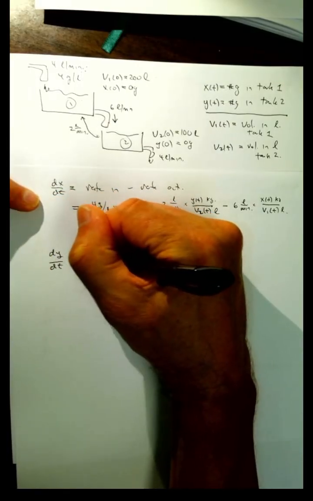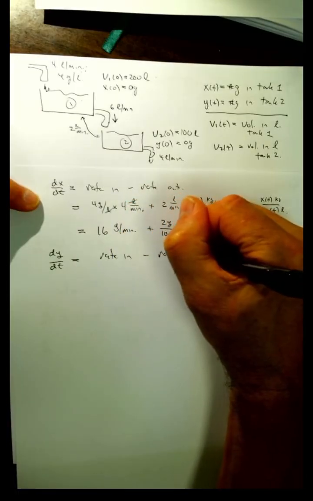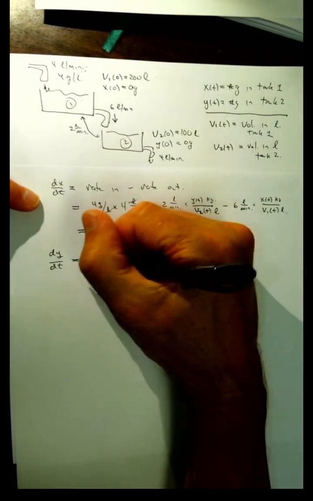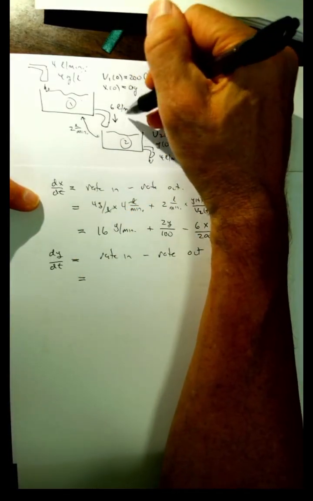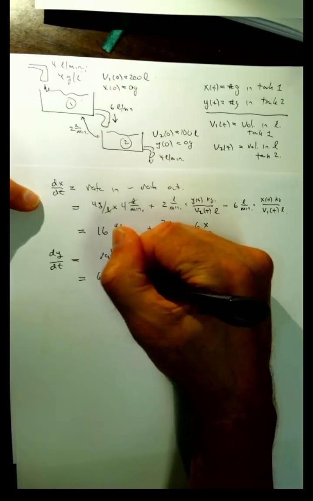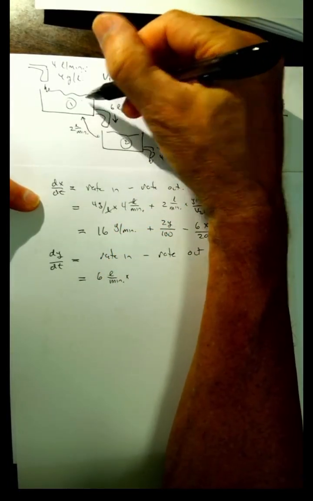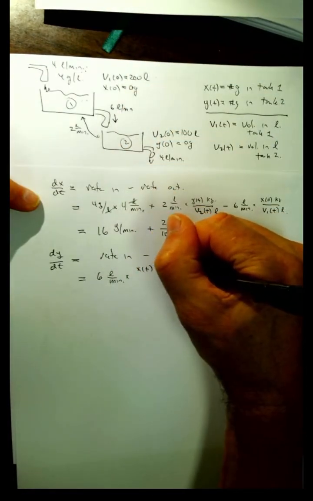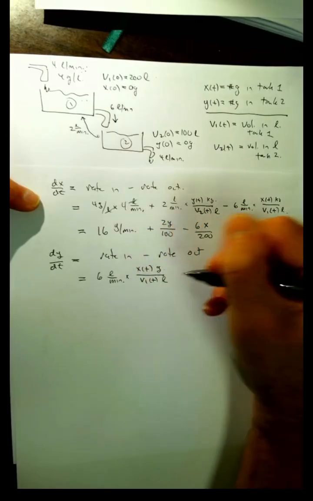For dy/dt, same thing, it's rate in minus rate out. The only thing coming in is this 6 liters per minute, and the concentration of that is going to be what's in tank 1. So that's x of t grams per V1 of t liters.